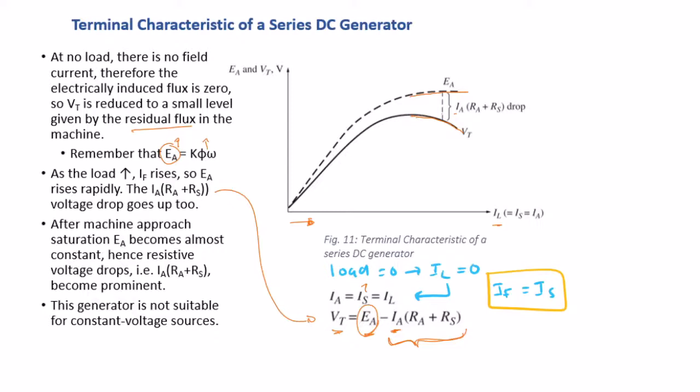Initially it's increasing, and when the machine starts to become saturated magnetically, VT starts to drop. So it's not proportional to the load at all. That's why this type of DC generator, the series DC generator, is not a good candidate for constant voltage sources.